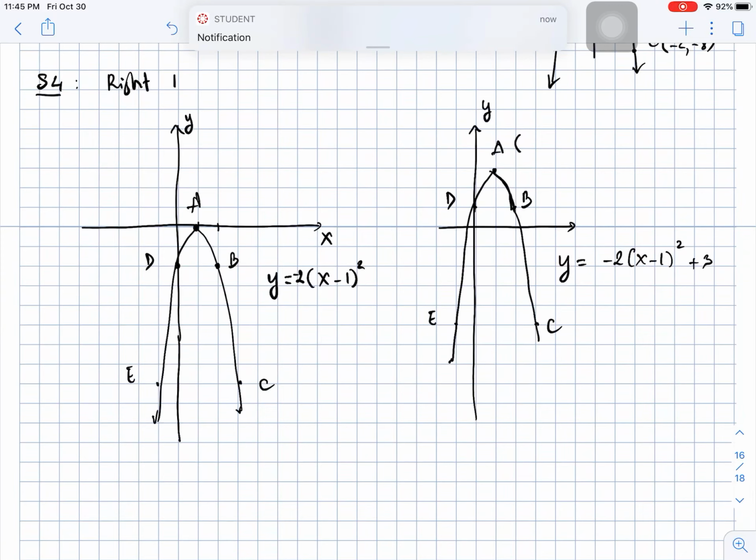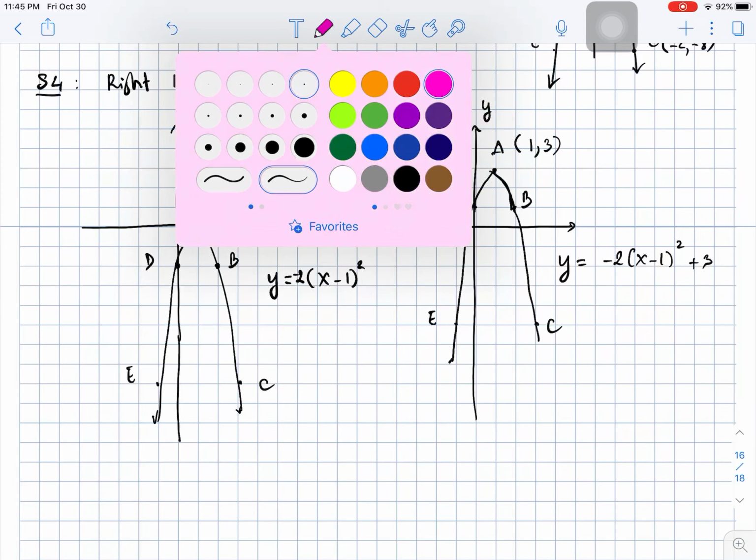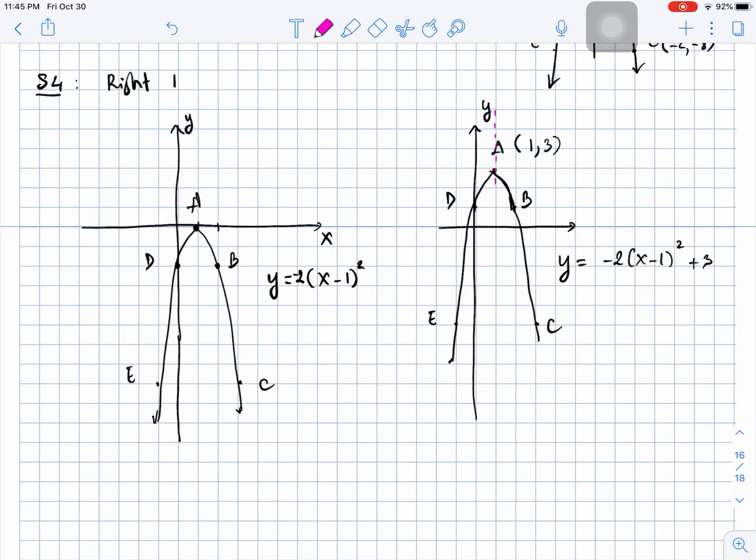Okay, now the second part of the problem asks us, we go back to the question. The question asks us to identify the vertex and the axis of symmetry. Also determine the domain and the range. Okay, we go back to our function.